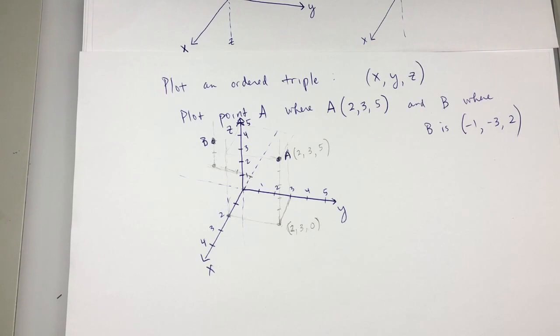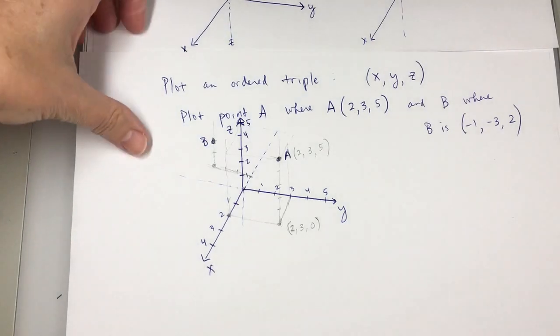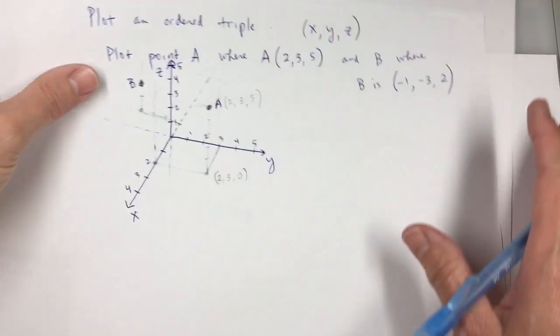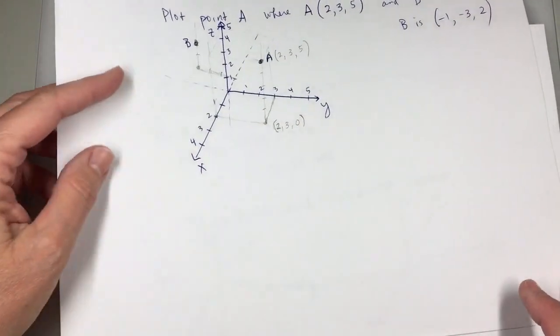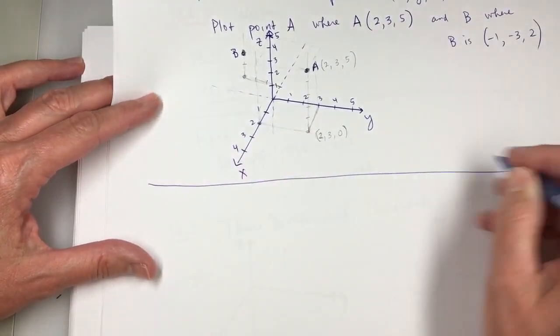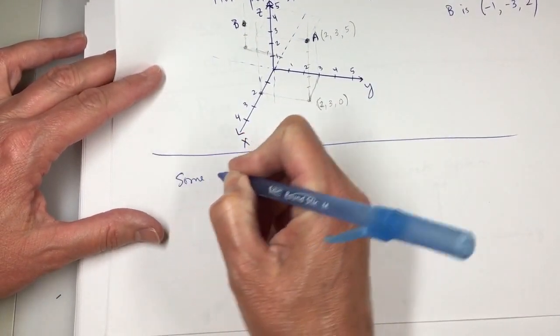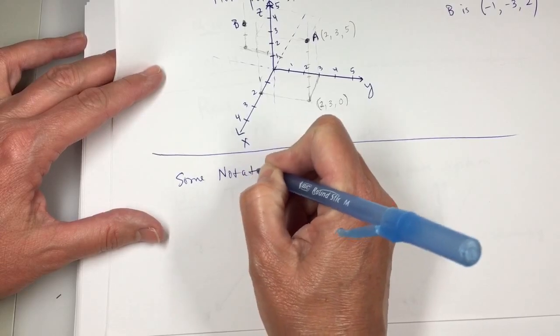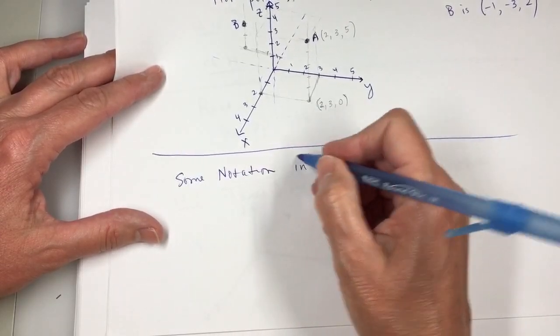Now I want to talk about this. We'll see 3 space, sometimes written capital R, and in math they put a double bar on the R and with a little raised exponent. Well, I'm calling it an exponent. So let's call this some notation in math.